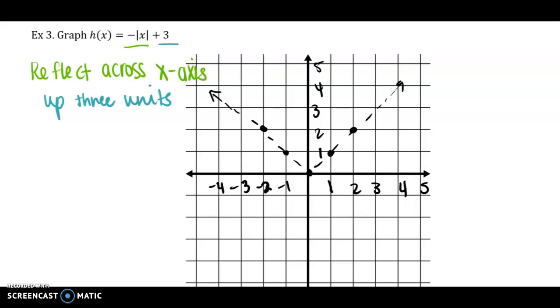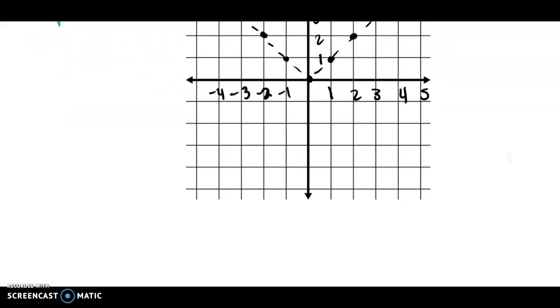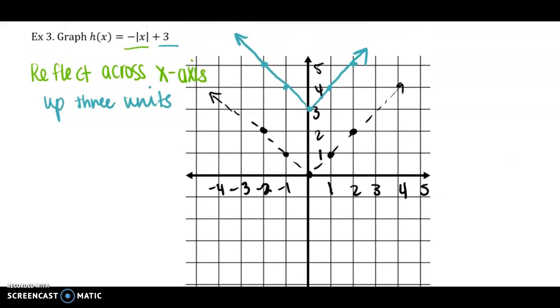So we're just going to go ahead and move 3 units up. All right, so we moved each one of our points 3 units up. And that would be our final answer. All right, so that is it.